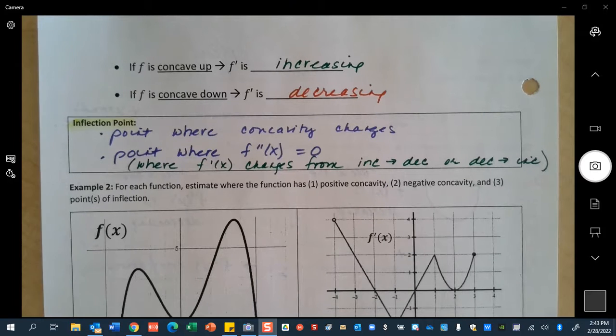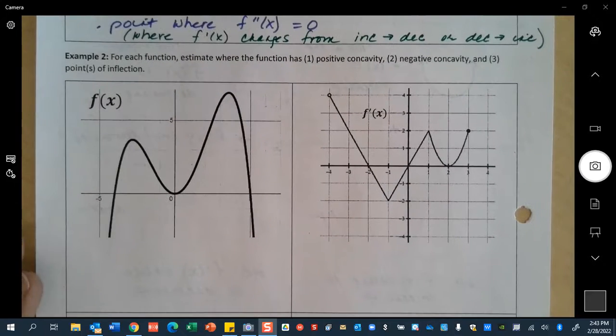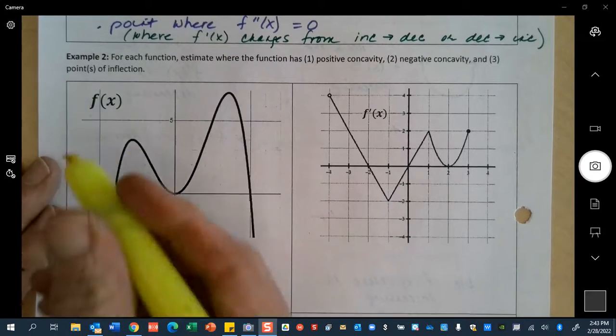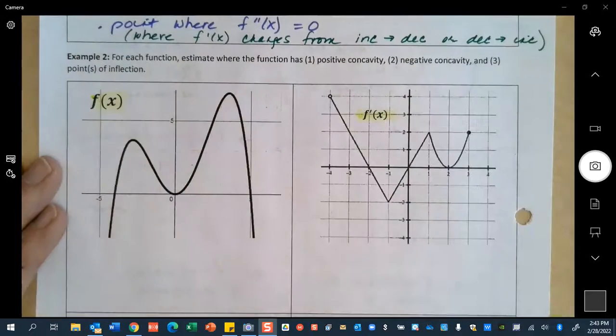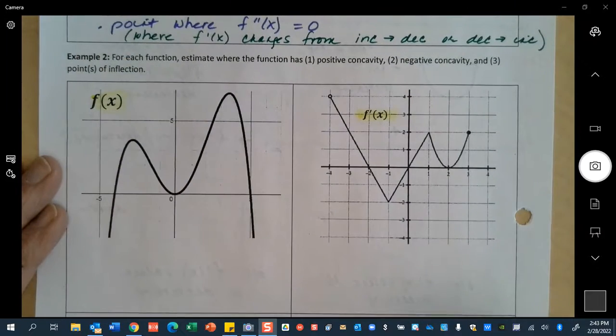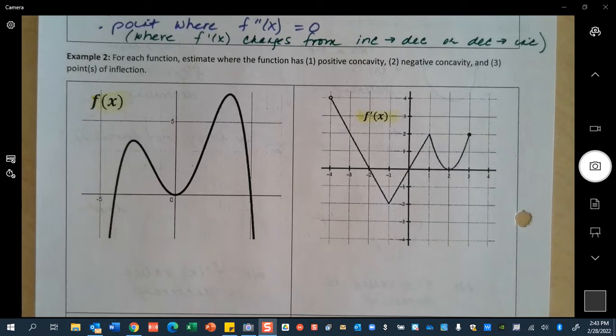So it's going to become super important that you look at whether you're looking at your original graph or your derivative graph. And we want to be super careful about what we're talking about each time.